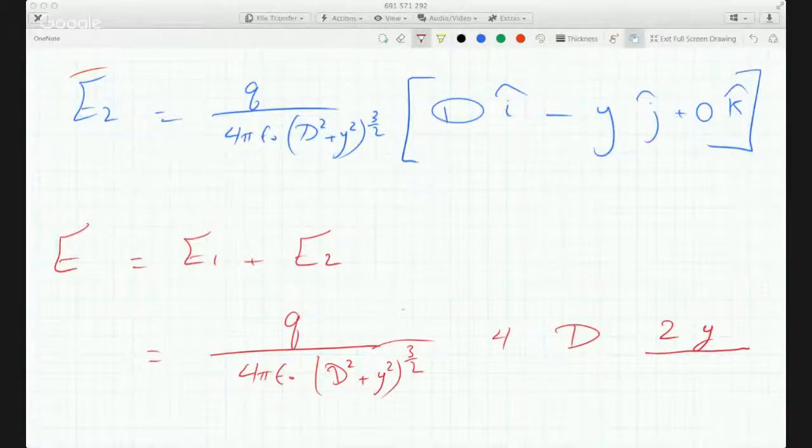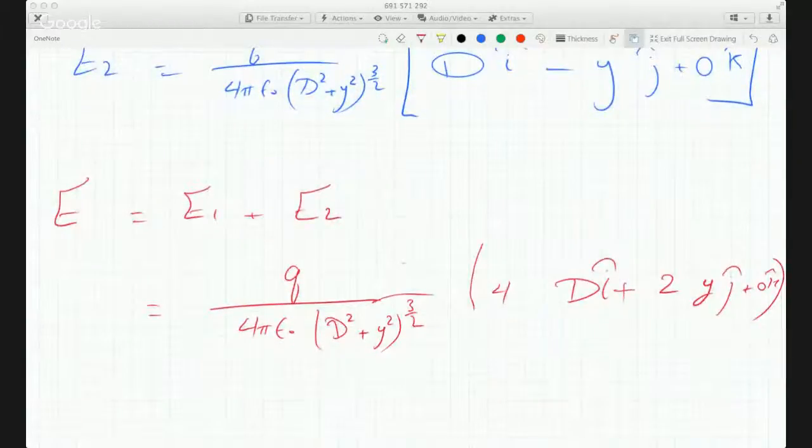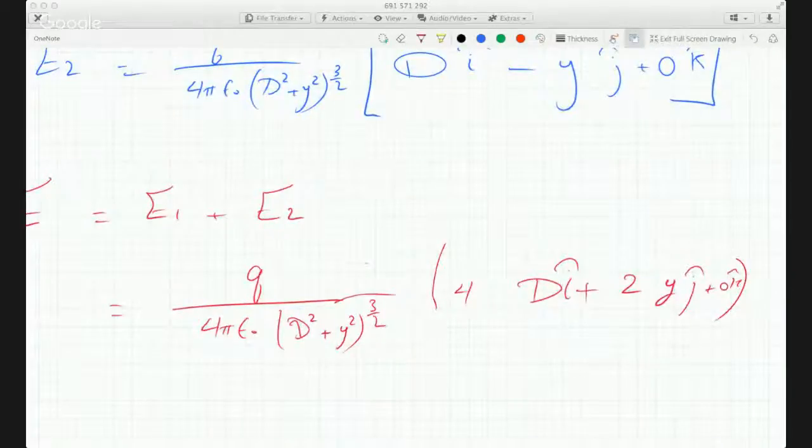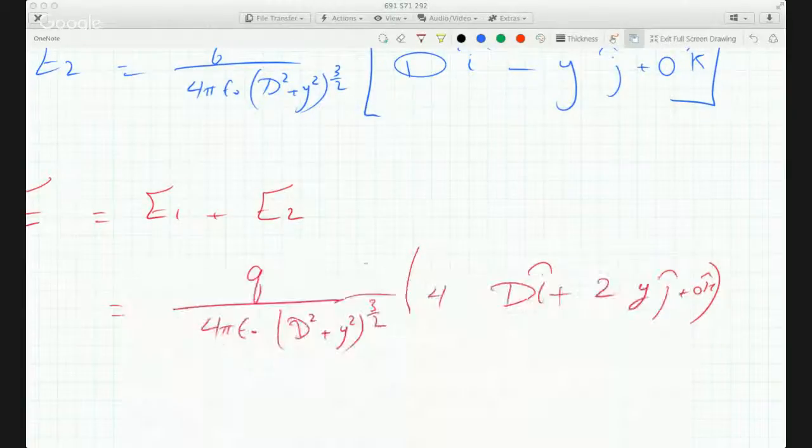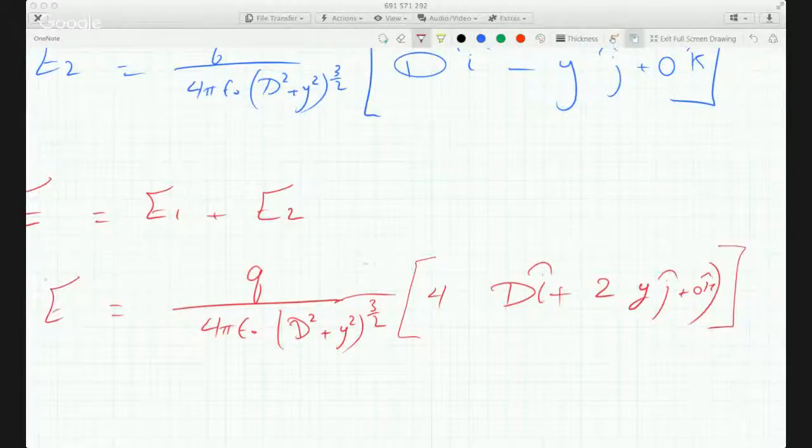So Q, and then I would get 4D plus 2Y: 4Di plus 2Yj plus 0k. Move this slightly left. Okay. So this would be the E net.